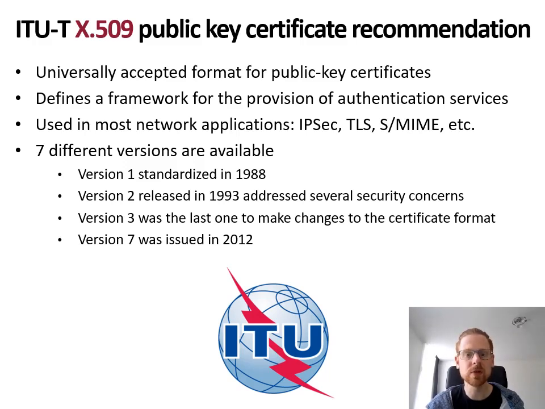Currently, 7 different versions are available of the X.509 recommendation. The first one was standardized in 1988, and the most recent one, version 7, in 2012. Since version 3, no more changes have been made to the actual format of the certificates, but only new optional features have been added.